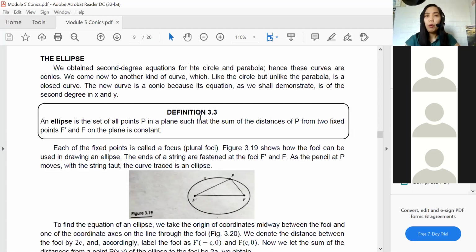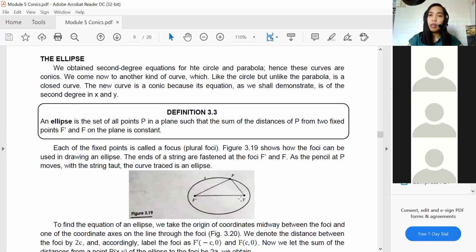An ellipse is the set of all points in a plane such that the sum of the distances of P from two fixed points, which are F prime and F on the plane, is constant. So here for the ellipse, we have two focus, or we call it foci, since that is the plural of focus.